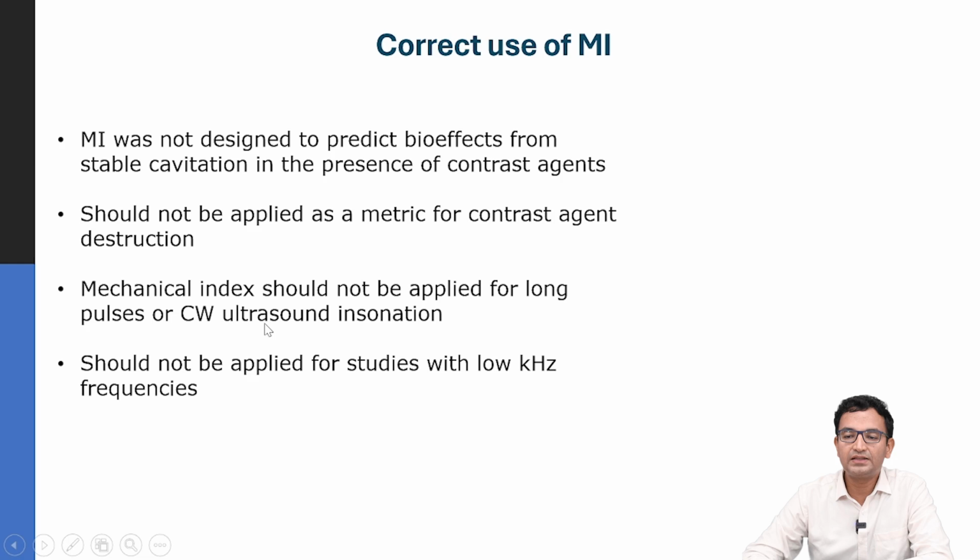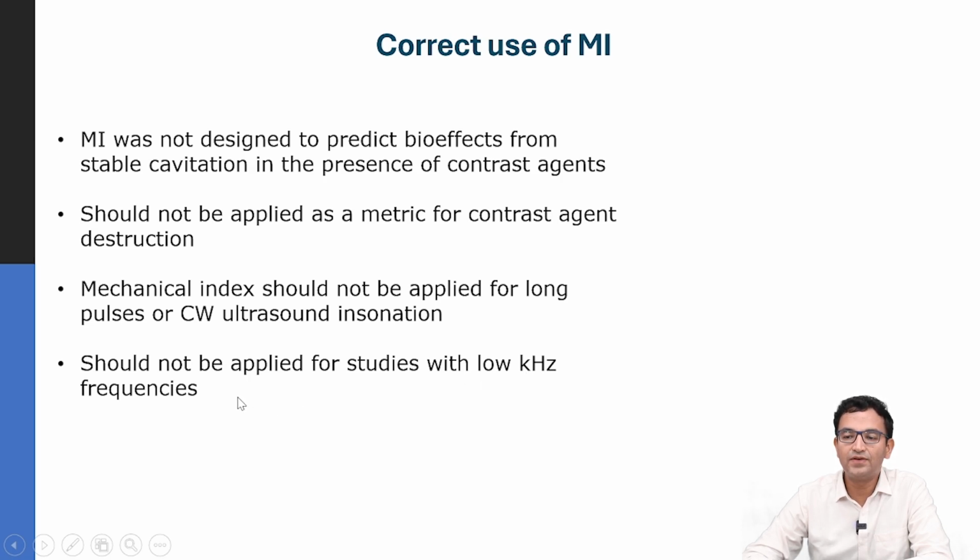Also, the mechanical index derivation assumes short pulses and low duty cycles, so it should not be applied for long pulses or continuous wave ultrasound insonation. And it should also not be applied for studies with low kilohertz frequencies.